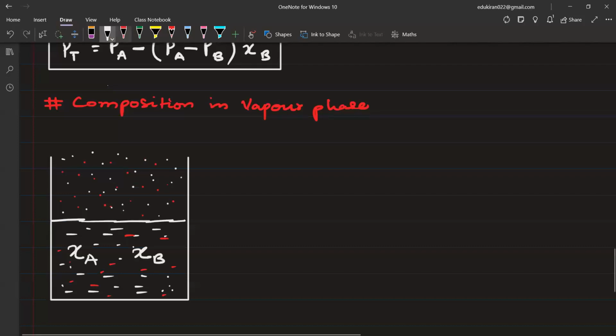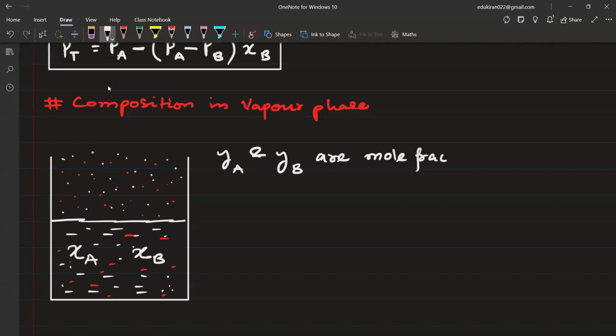We have already seen mole fraction, chi A and chi B. So for the vapor phase, I am writing Ya and Yb, the mole fractions of A and B in vapor phase.